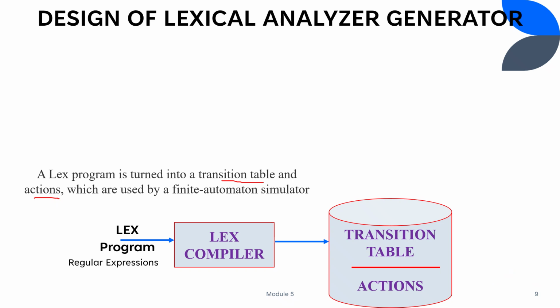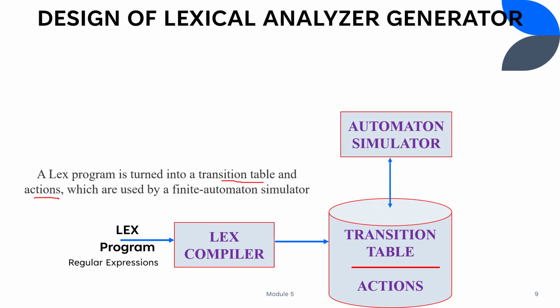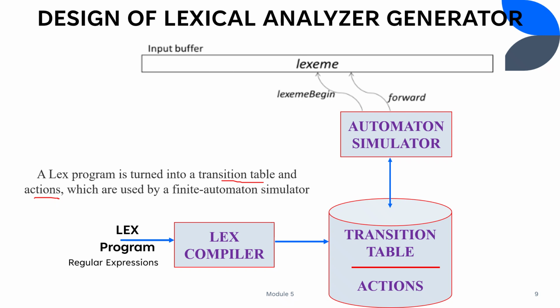This transition table and actions are used by finite automata simulator. It is this simulator which is responsible for reading input from the buffer. So the automata simulator reads every character from this buffer. This character is then passed to this transition table. Based on the actions mentioned, the lexical analyzer can decide whether the entered input is a lexeme or not.